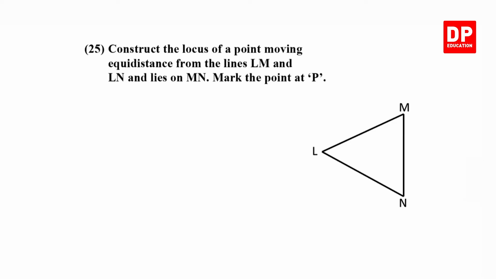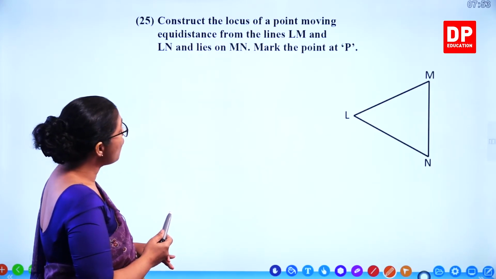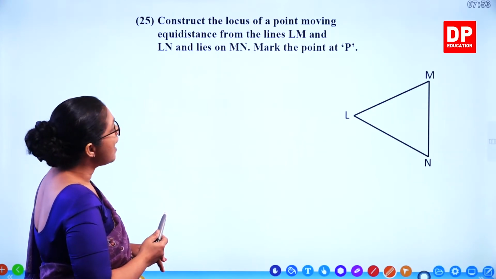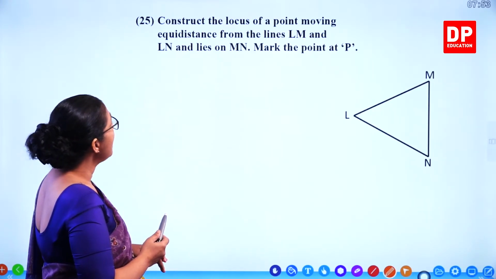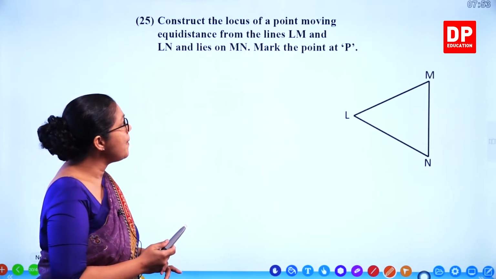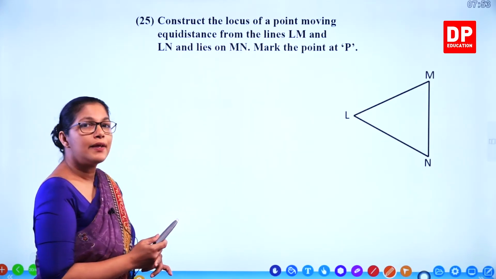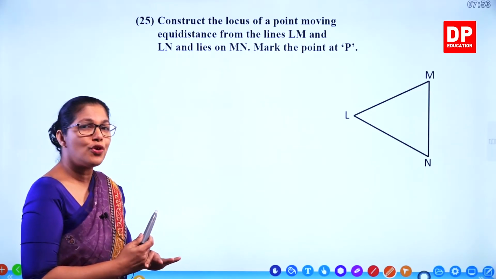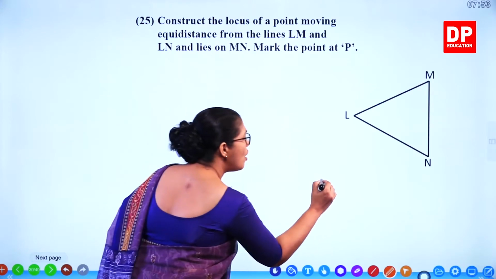This is the last question in part A. Construct the locus of a point moving equidistant from the lines LM and LN and lies on MN. Mark the point as P. Now, what are the basic 4 loci you need to know?